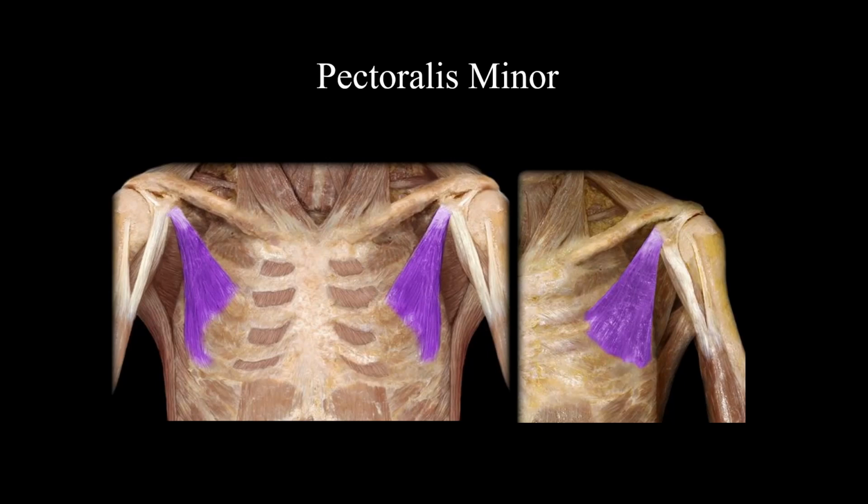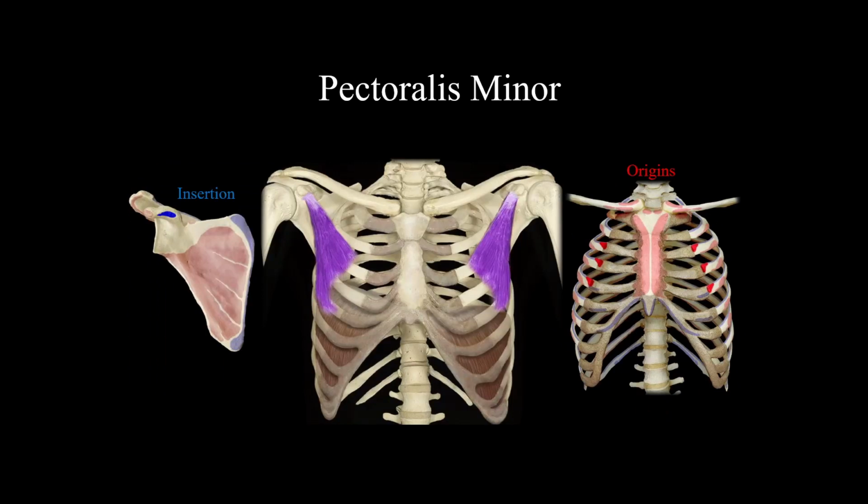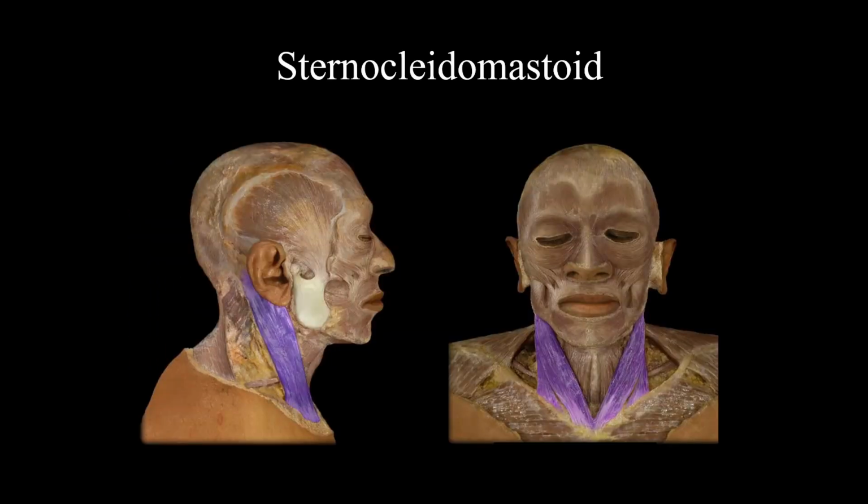Some additional muscles present are your pectoralis minor and your sternocleidomastoid muscle. This controls your chest.